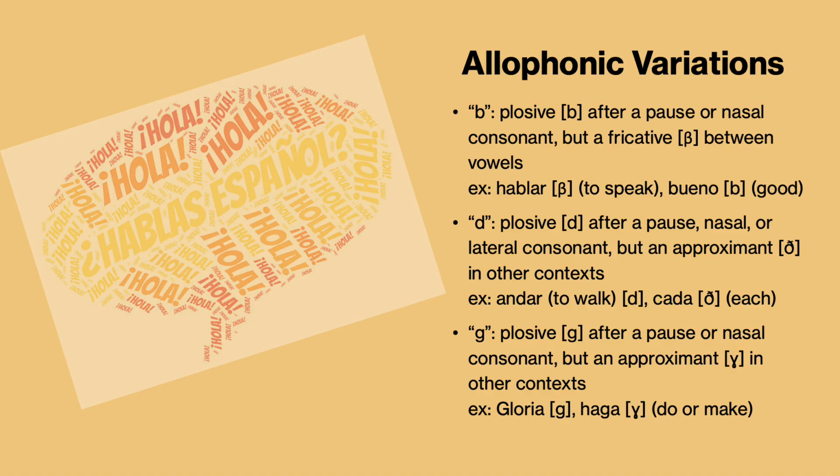If we hear the g in Gloria versus the aga, which means to do or to make, it's going to be a softer, slower, more sustained release as opposed to that shorter burst-like sound. So just slight variations for those three letters that kind of change how those sounds are.